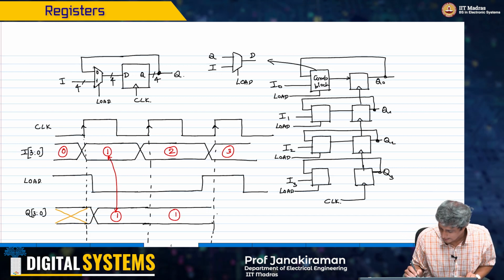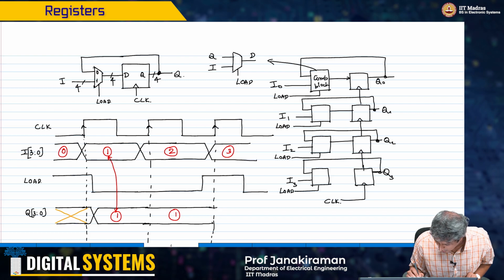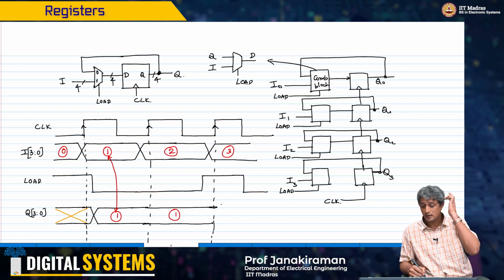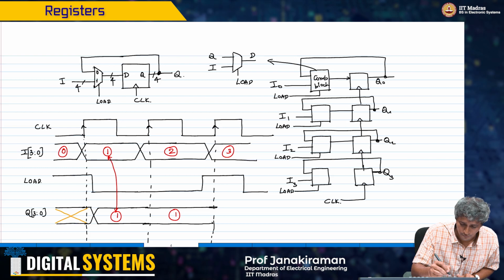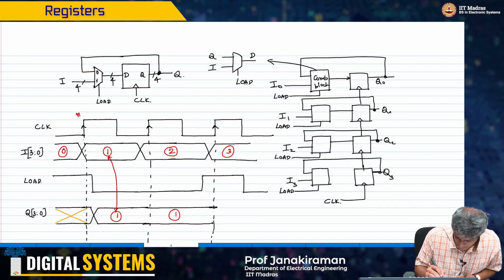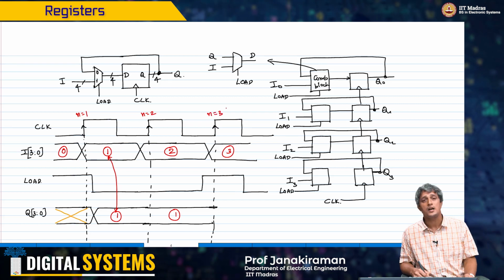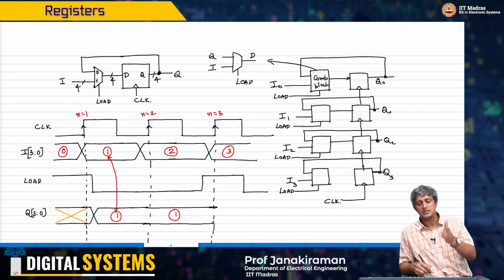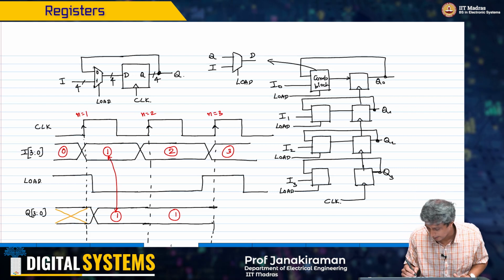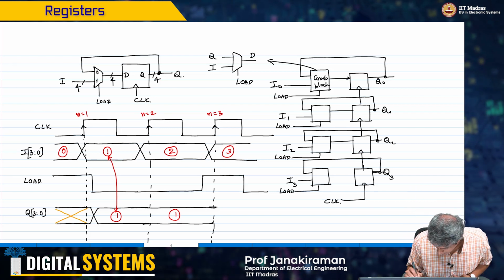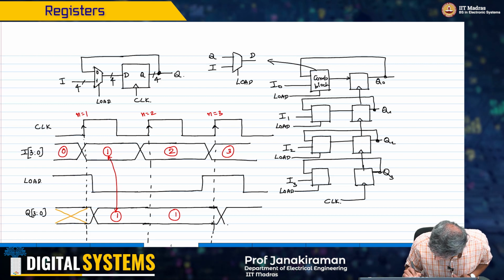Okay, and when you come here, you are coming at the third clock cycle, right? Remember, let me write that this is n equal to 1, n equal to 2, n equal to 3. At the third clock edge, what is happening is load is high again, and therefore that data will appear at the output like this.